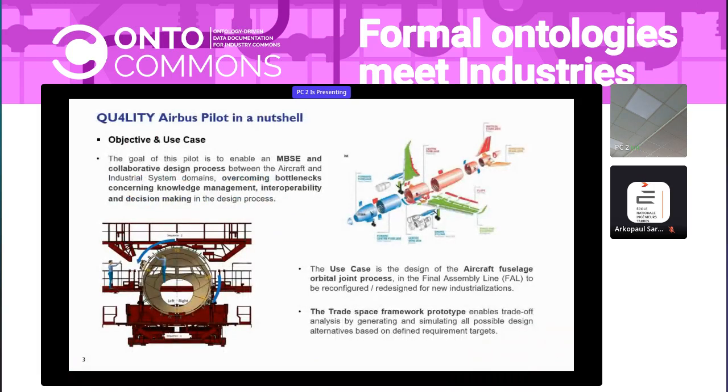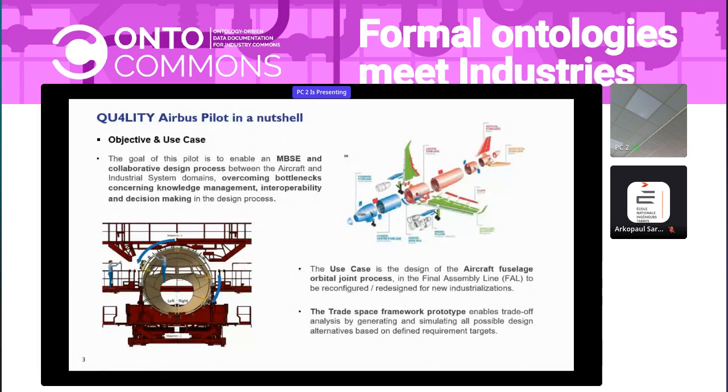In this European project, we had a pilot in which we were aiming to use MBSE and a collaborative design process between the aircraft and the industrial system design. Mainly focusing on three aspects: knowledge management, interoperability of the system, and decision making for the manufacturing engineers that participate in this design process.